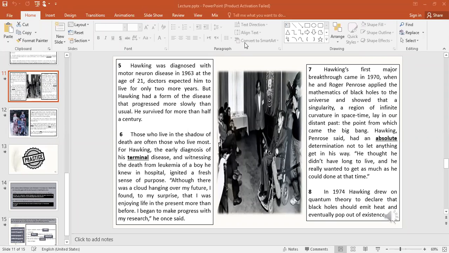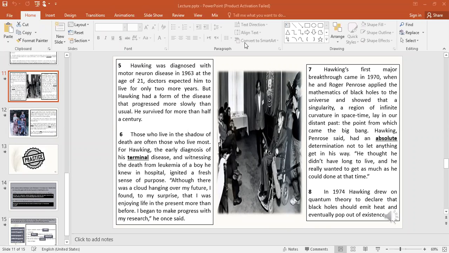A person who has this disease loses what? Miss, he can't walk again. So he loses the functionality of the organs. It's not related only to walking, but to all the organs of his body, his neck, his hands, his legs, everything. So when a person has a motor neuron disease, it means he loses functionality of all the organs or the muscles in his body. Okay, this is what happened to Stephen Hawking.